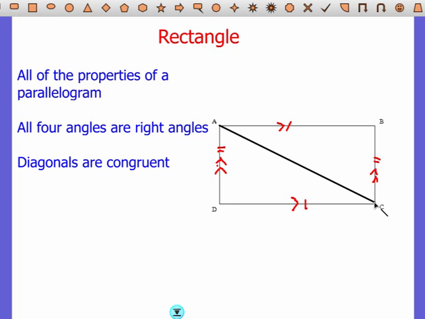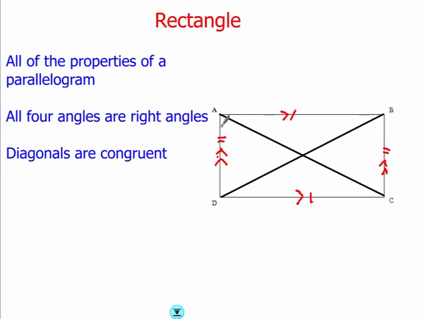But there are some new things that we have to talk about when we get to rectangles. Every angle is a right angle, so every angle measures 90 degrees. That's the defining characteristic of a rectangle. And not only do our diagonals bisect each other, but our diagonals are also congruent.